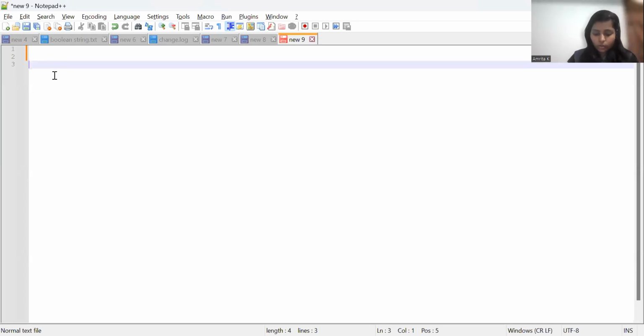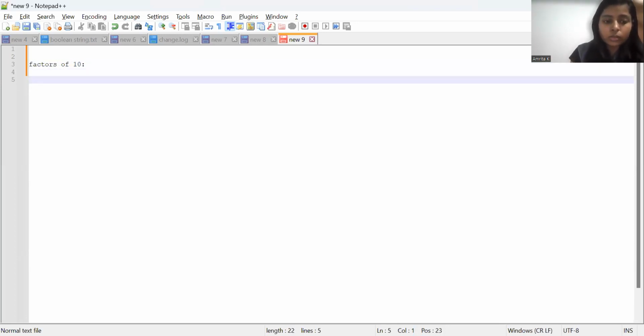So here we have to find the factors of 10. Okay, so factors of 10. Initially, we know that 1 is a factor of every number. Okay, so 1 into 10 is what we are beginning with. So we have 2 factors already for the number 10, that are 1 and 10.